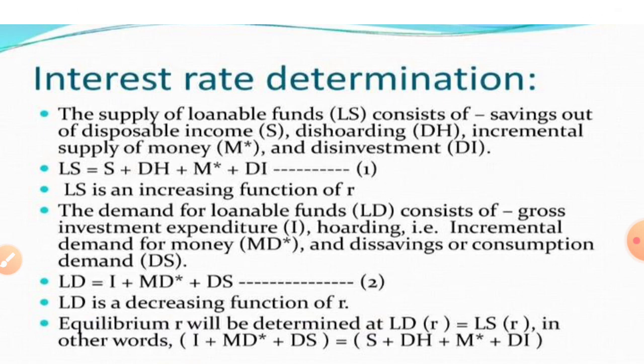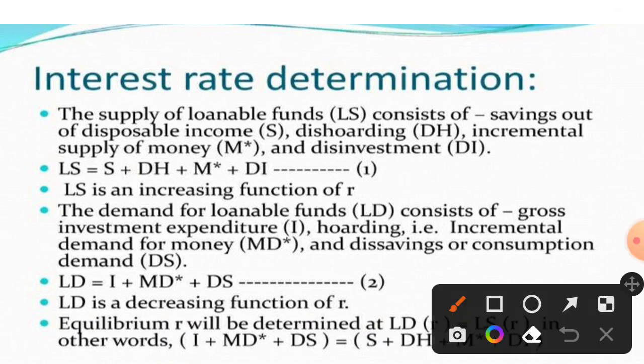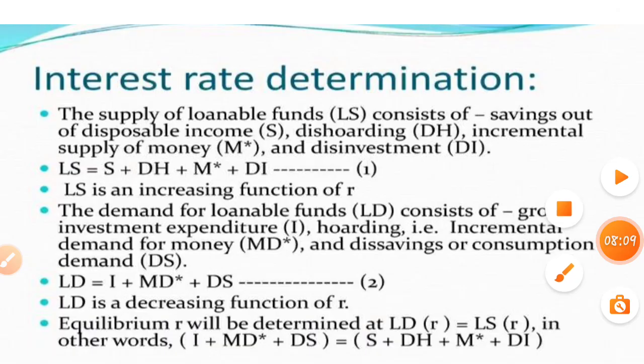The demand for loanable fund, तो उसकी इक्वेशन बनेगी LD, which consists of gross investment expenditure, which denotes I, hoarding, and incremental demand for money, which denotes MD star, and this saving or consumption demand DS.